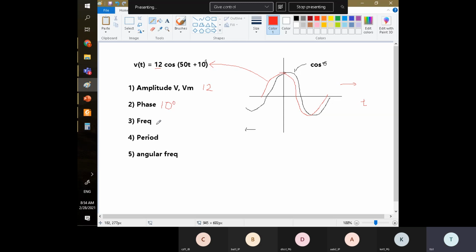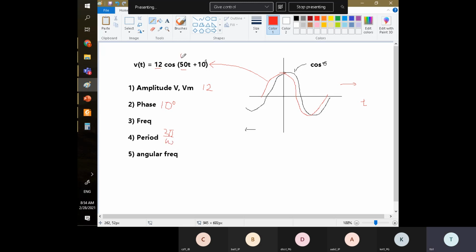The frequency is coming from this figure here. The frequency comes from this number 50. Okay, but if you can calculate the period, I think it's easier. The period is 2 pi over omega, right?